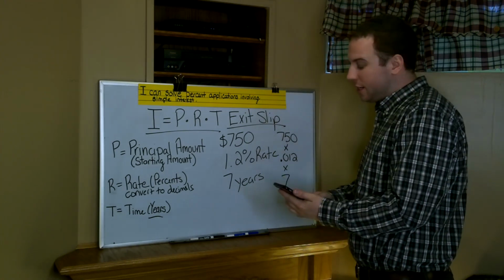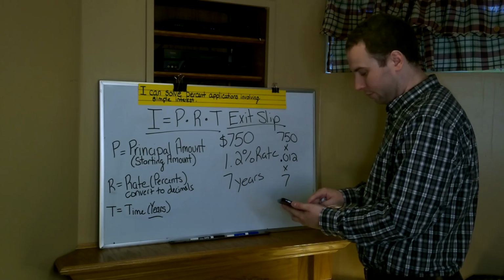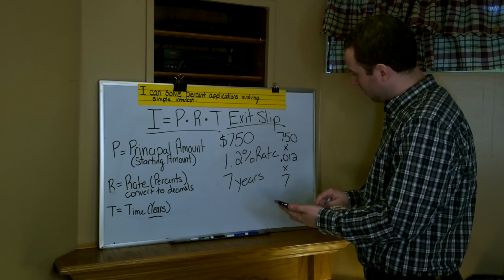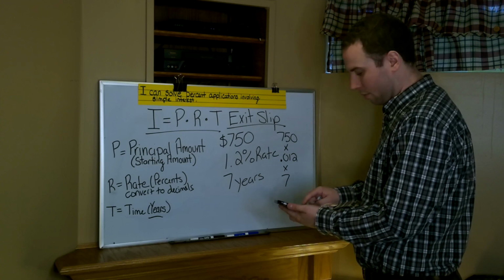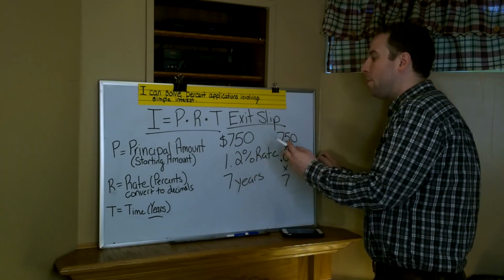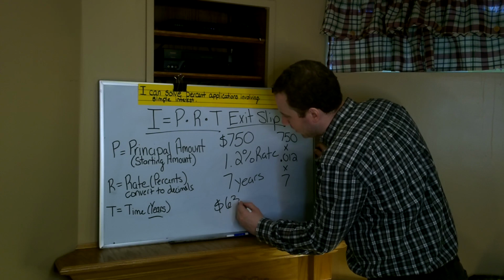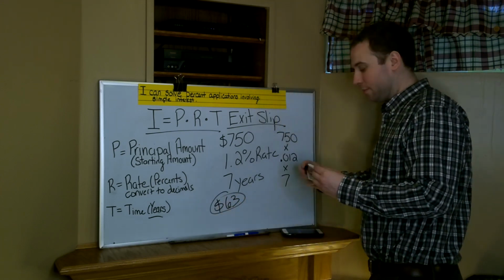So 750 times 0.012 times 7. So, in the course of 7 years at a 1.2 interest rate, you would accumulate an extra $63.